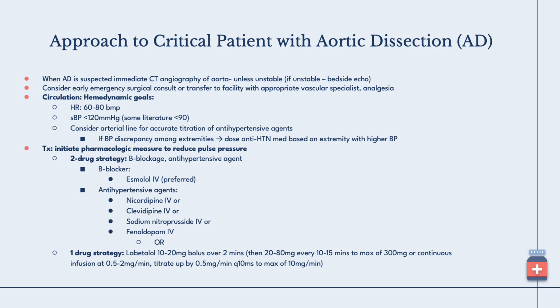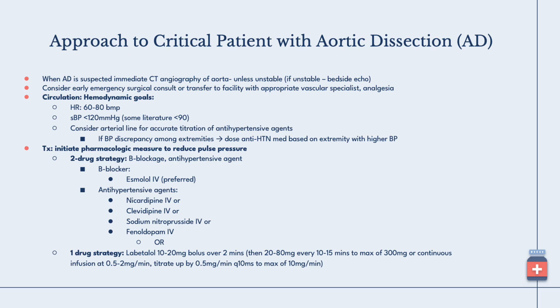Consider putting in an art line. The art line gives us really good information on titration of our medications, and we can make really accurate, quick decisions on titration. So if there's a BP discrepancy with the extremities, dose antihypertensive meds based on the extremity with the highest BP.